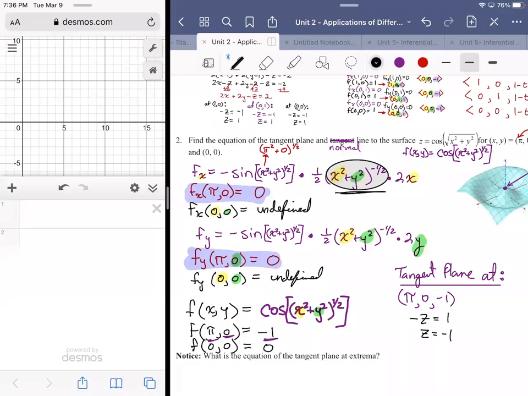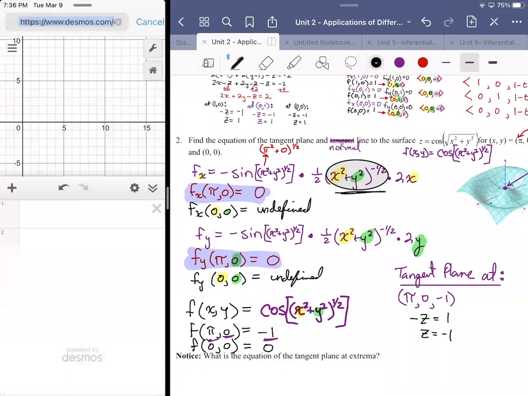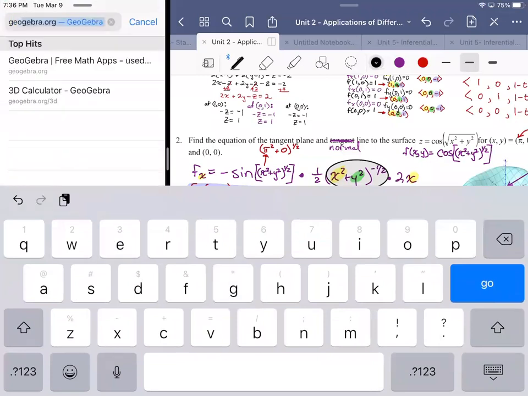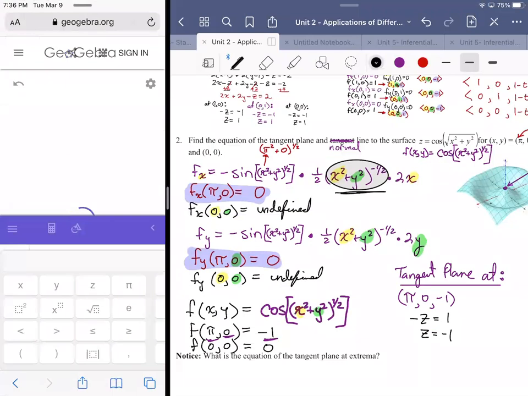Right. So what I'm going to do just very quickly is bring up GeoGebra, which I don't have up. I'm going to bring up the original function and say really quickly, do you know?